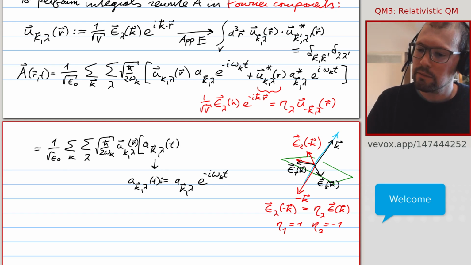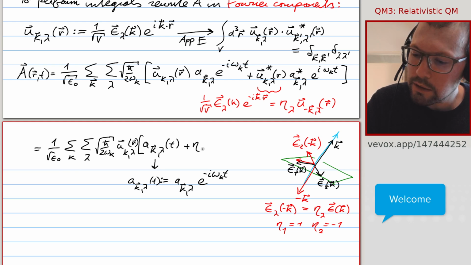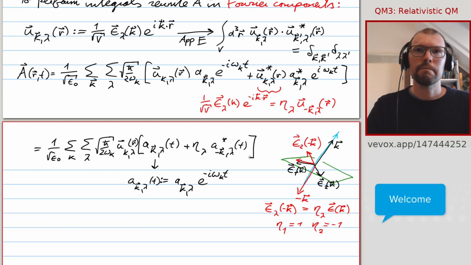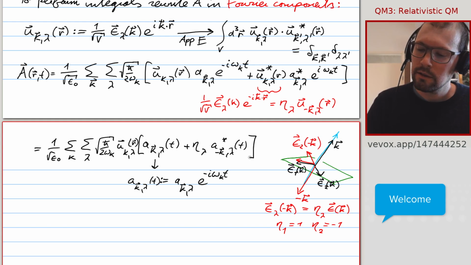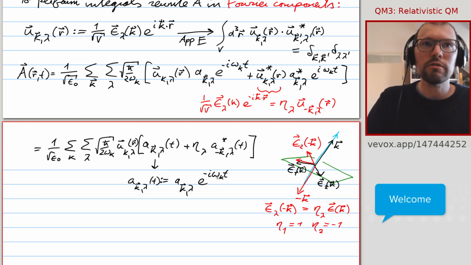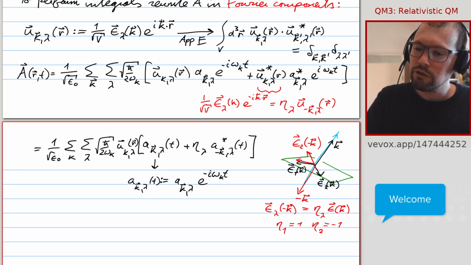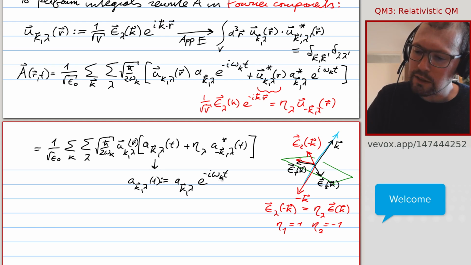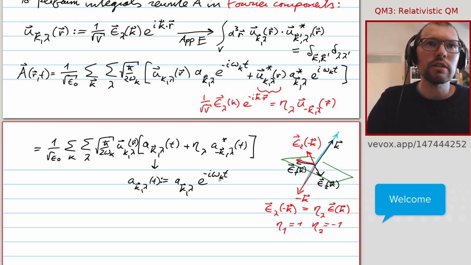This is a definition. And for the other one, we get eta_lambda times a_{-k} lambda star of t. This also takes into account that the sign in front of the omega_k t is changed from minus to plus. Note also that if we change k to minus k, luckily omega_k does not change under this.